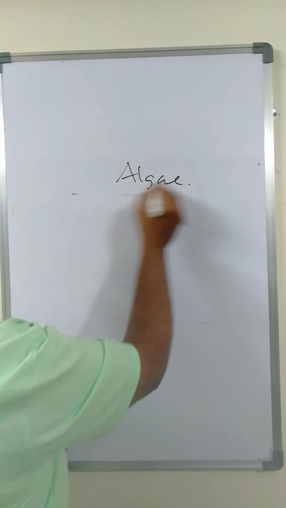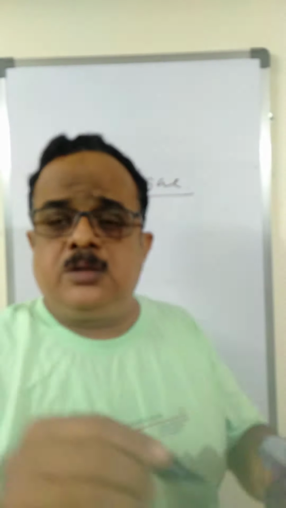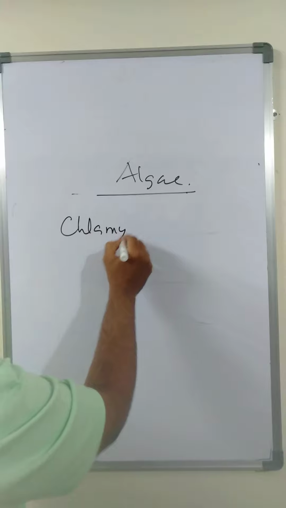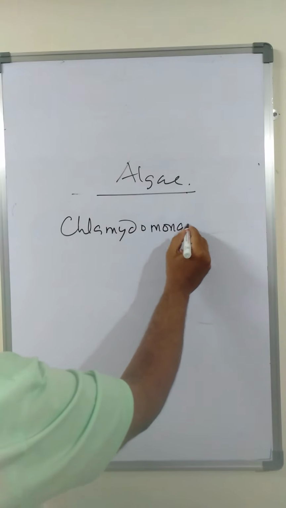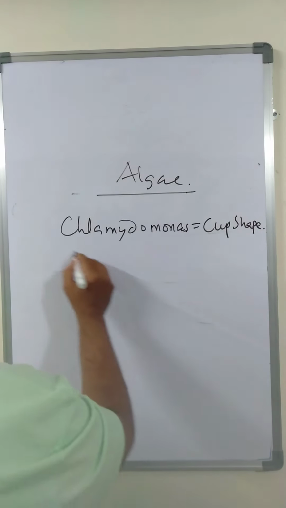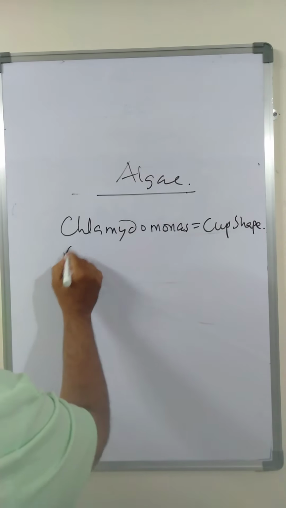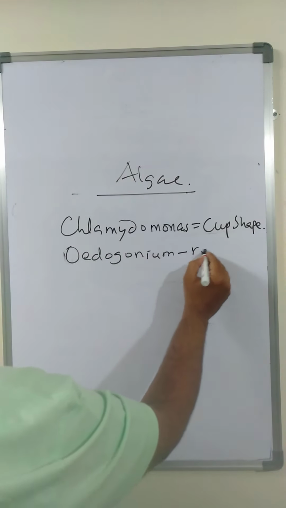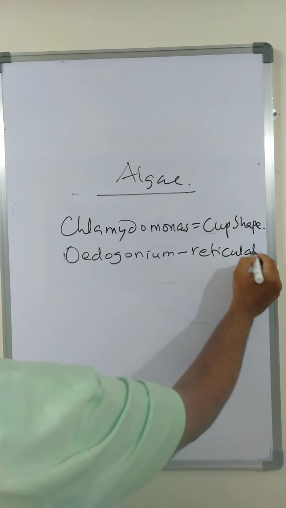In algae, chloroplasts are of different shapes. For example, in Chlamydomonas alga, a cup-shaped chloroplast is present. In Oedogonium alga, a reticulate shaped chloroplast is present.